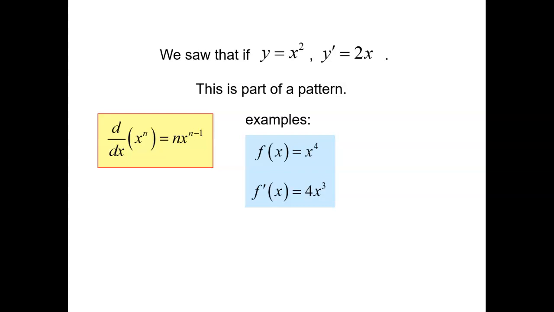We can see now that the shortcut will help our algebra skills tremendously. Here's another example. y equals x to the 8th. Our derivative, dropping the exponent to the front and subtracting 1 from the exponent, gives us 8x to the 7th. This is called the power rule.